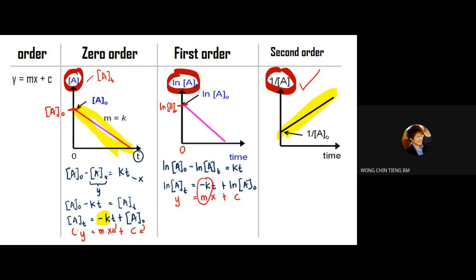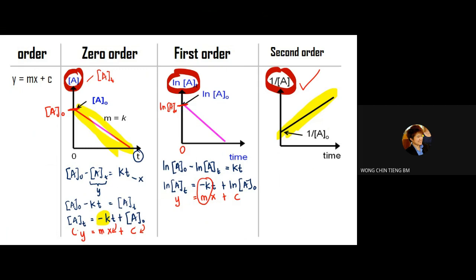Ikutlah saya, I'm not a bio person, so I cannot memorize. So I assume budak saya pun saya tak rasa kamu boleh hafal graph tu 9 digit macam tu. Alright, so I think it's easier for you to memorize one integrated rate law untuk setiap order. Dan rearrange the integrated rate law supaya jadi Y equals to MX plus C. That's it. Kamu akan nampak siapa Y, siapa X, plot the graph.